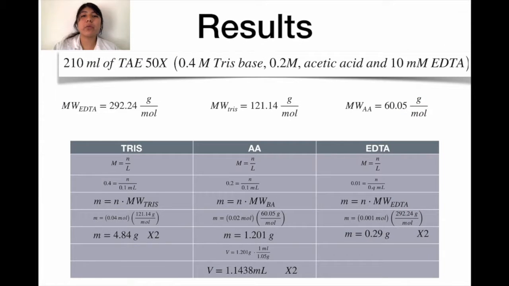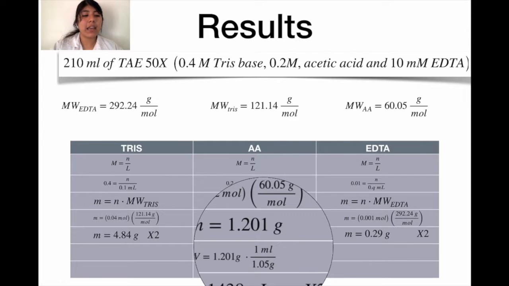In the preparation of 210 ml of TAE 50X that consists of 0.4 molar Tris, 0.2 molar acetic acid, and 10 millimolar EDTA, considering 100 ml, grams of Tris, EDTA, and acetic acid are calculated with previous steps, but the grams of acetic acid are multiplied by its density in order to give units of milliliters.